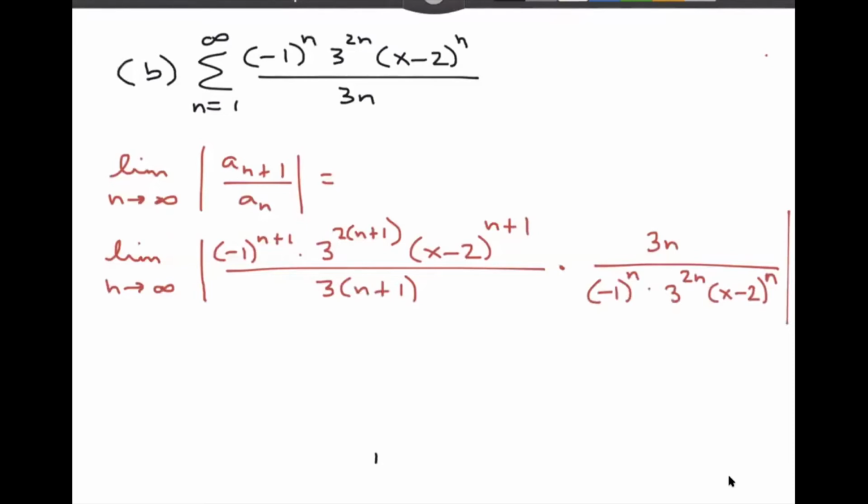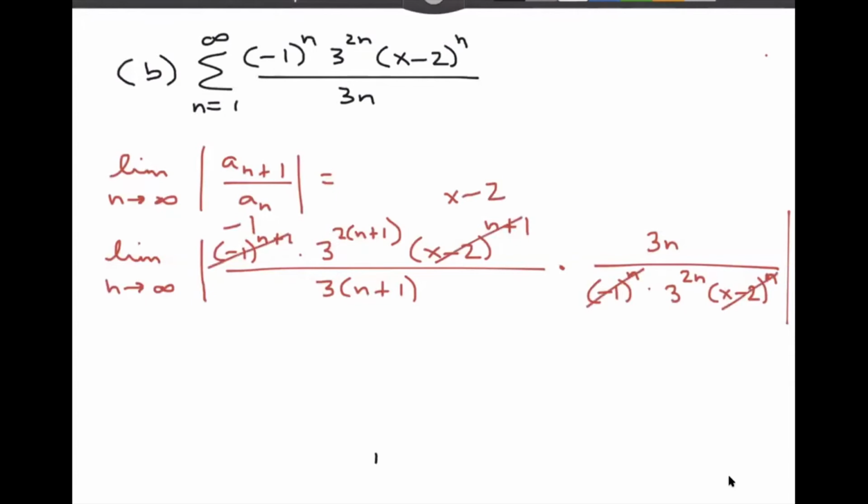Okay, so what do we have? Well, (-1) into (-1) to the n plus 1 leaves a -1, and that -1 is going to disappear because of the absolute value. (x minus 2) to the n into (x minus 2) to the n plus 1 just leaves an x minus 2.